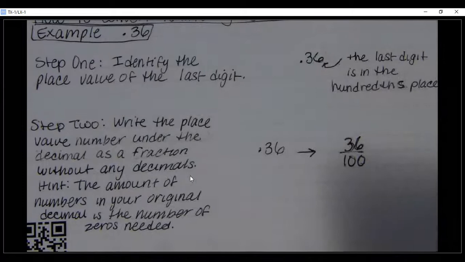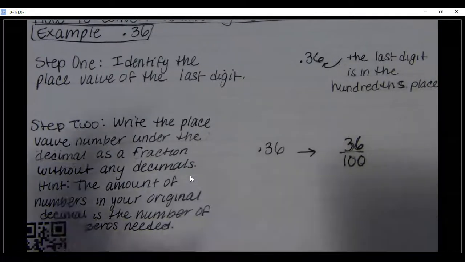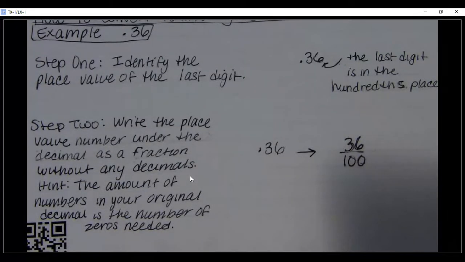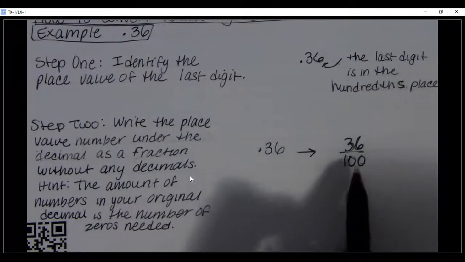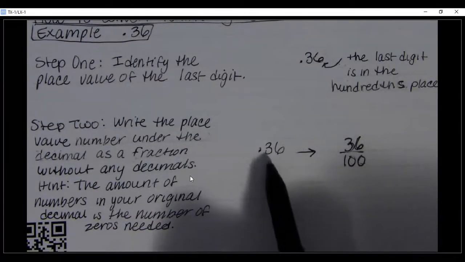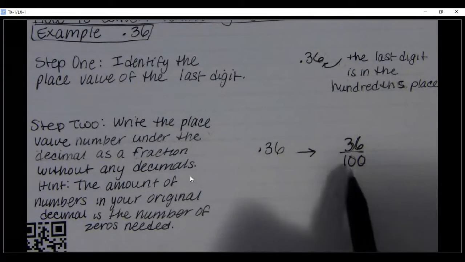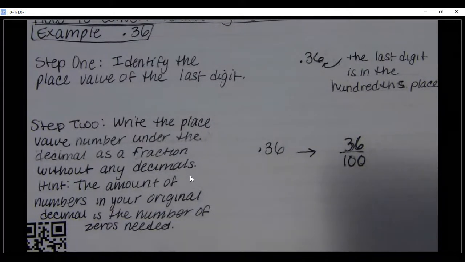So 36 hundredths, just like how we pronounced it. We made it into a fraction that same way. Now, a cool little hint for you is that the amount of numbers in your original decimal is the amount of zeros needed in the number below. In this case, we have 2 numbers, the 3 and the 6, so we would have 2 zeros in our denominator. So that's a little helpful hint.